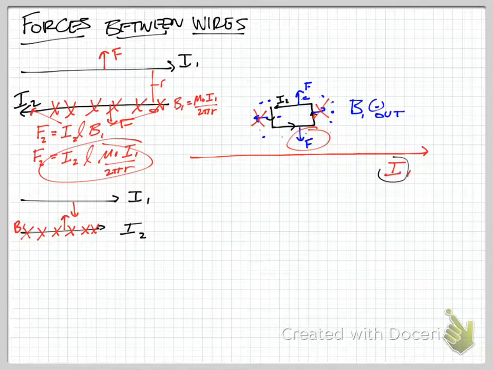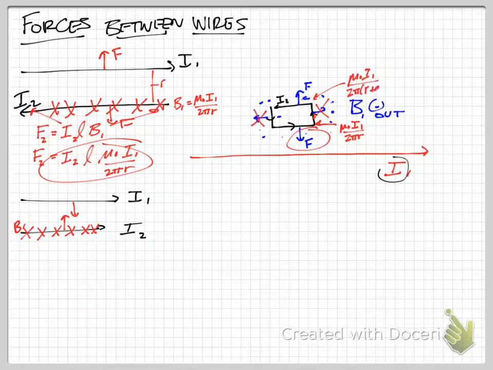But that force is bigger because it's closer, right? The magnetic field is stronger at that point. Magnetic field at this point would be mu 0 I1 over 2 pi r. The magnetic field up here would be mu 0 I1 over 2 pi (r plus a). So the net force on that thing would be the difference between those two forces.